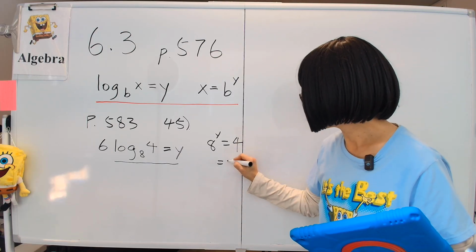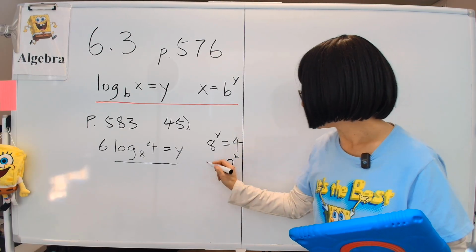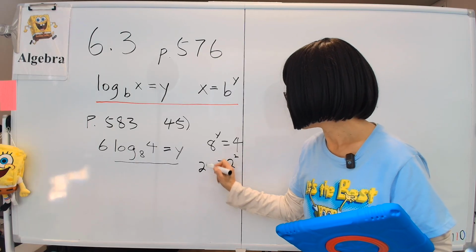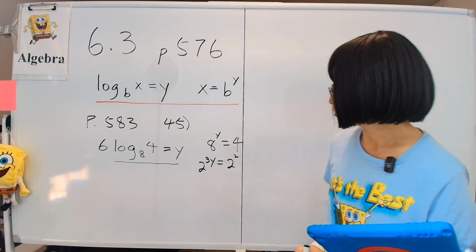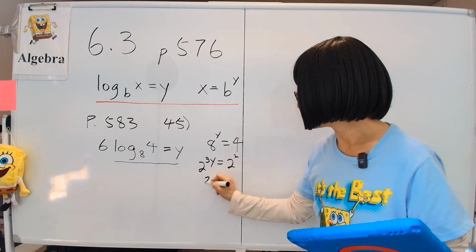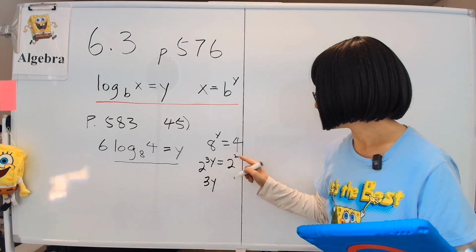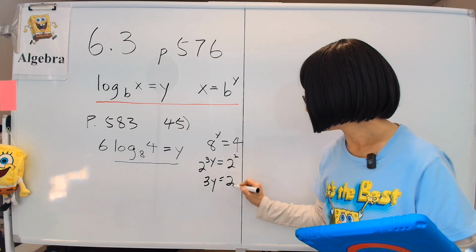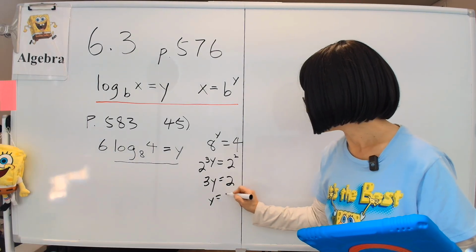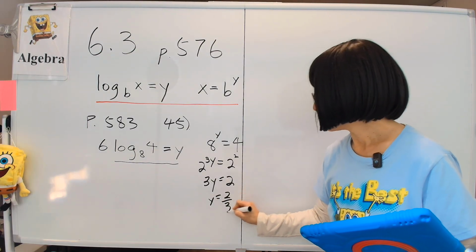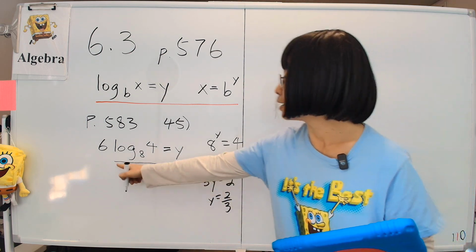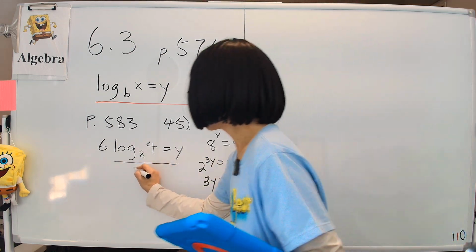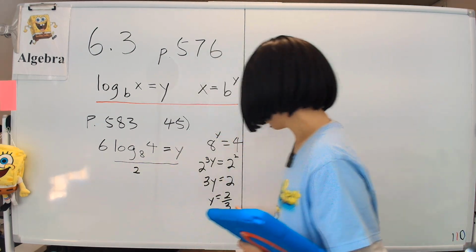So 4 is 2 to the power 2, and 8 is 2 to the power 3, right? 2 to the power 3 times y, the y is still there. In other words, 3y equals 2, if we identify the exponents, which means y equals 2 over 3. And that is the value of y that we're looking for. So this part is 2 over 3.